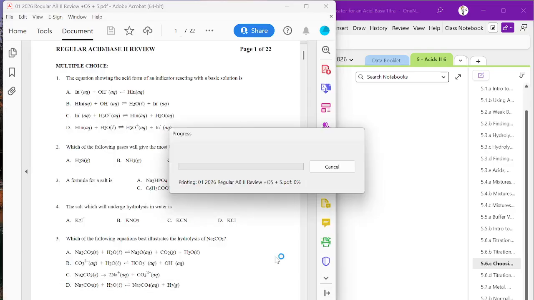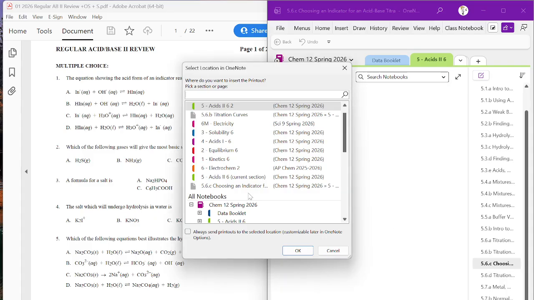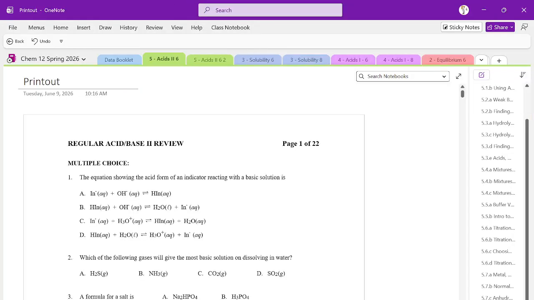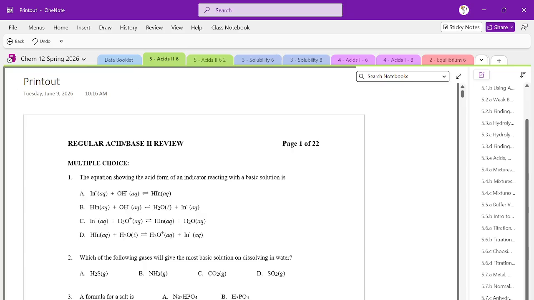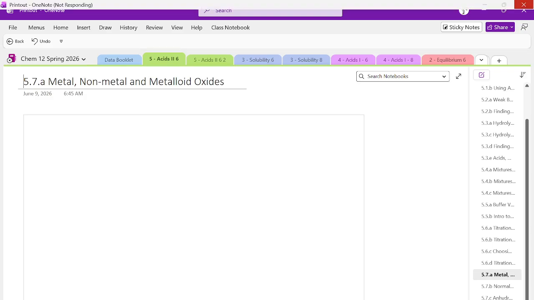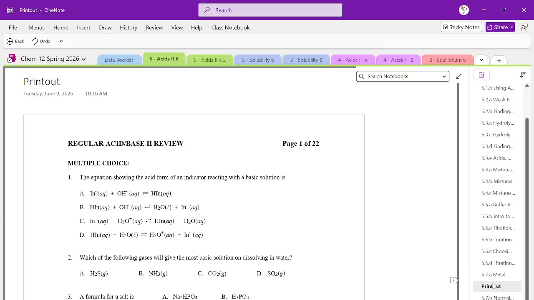Okay, print. Current section. Copy. Paste. Sorry, it's having a little hissy fit here. All right, here we go.